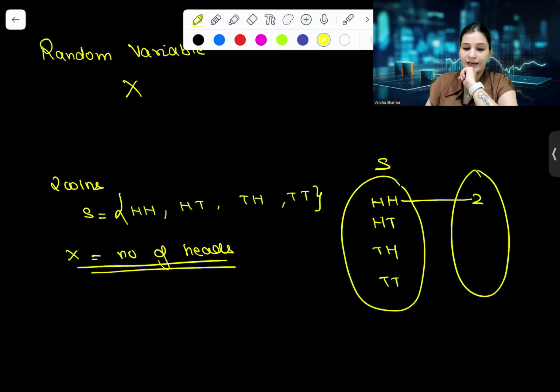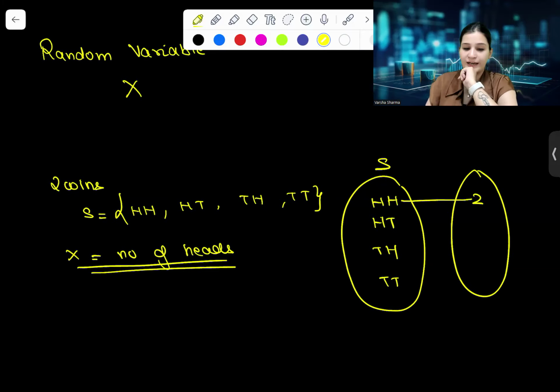E of x square was 3 by 2. E of x was 1. So answer would be half. If I want standard deviation, it will be root over 1 by 2. Is it understood? Yes, ma'am.